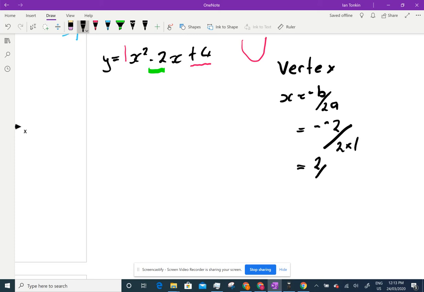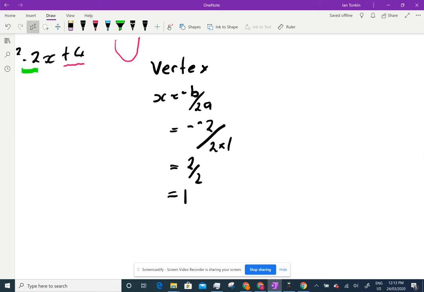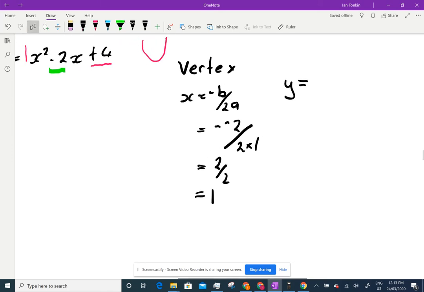You could do it on your calculator. And 2 times 1 is 2, and 2 divided by 2 is 1. So I get the vertex when x equals 1. And when x equals 1, y equals, just put it in, 1 squared minus 2 times 1 plus 4. Well, 1 minus 2 plus 4 is going to be 3. So I get a vertex at 1, 3.